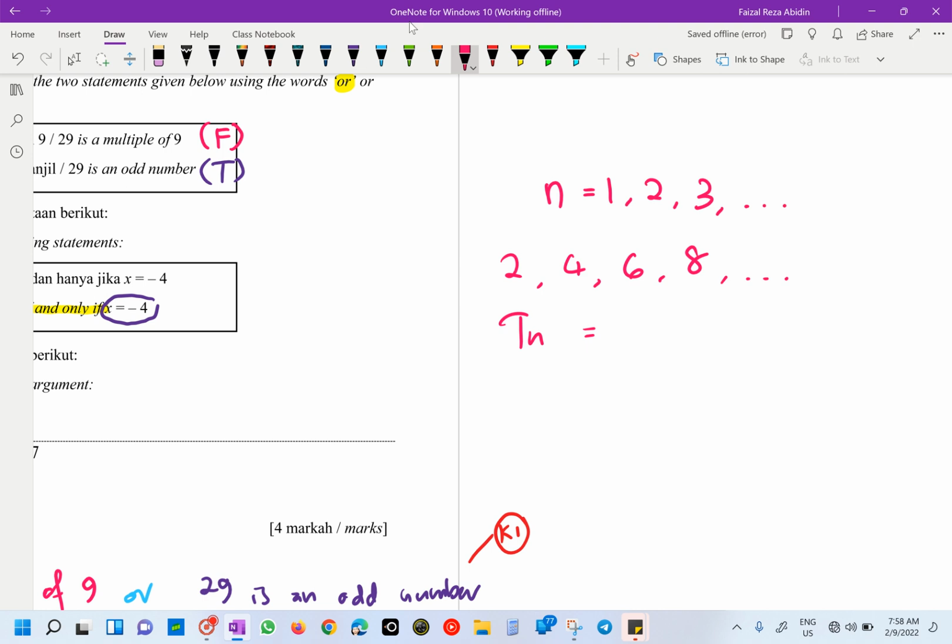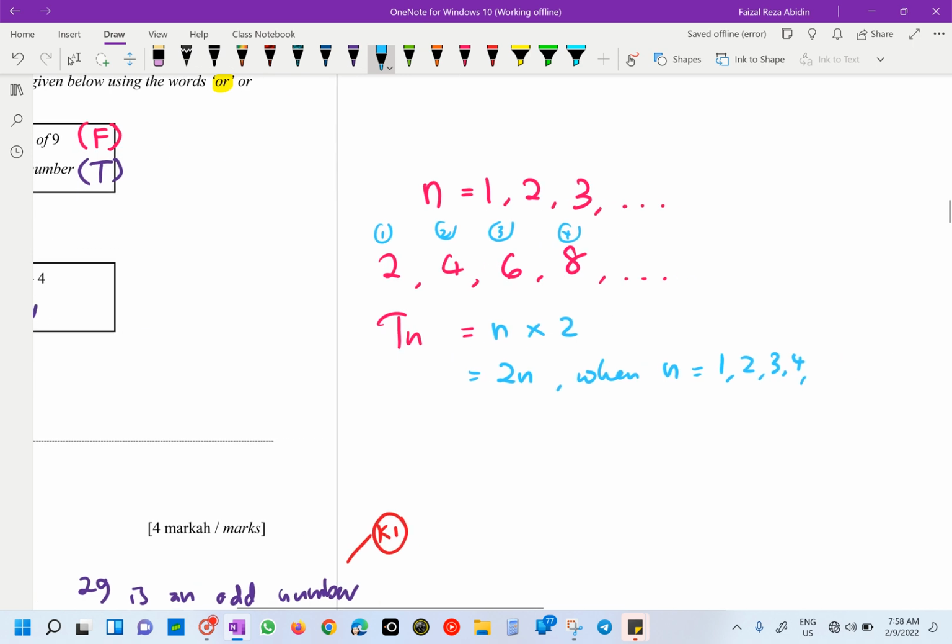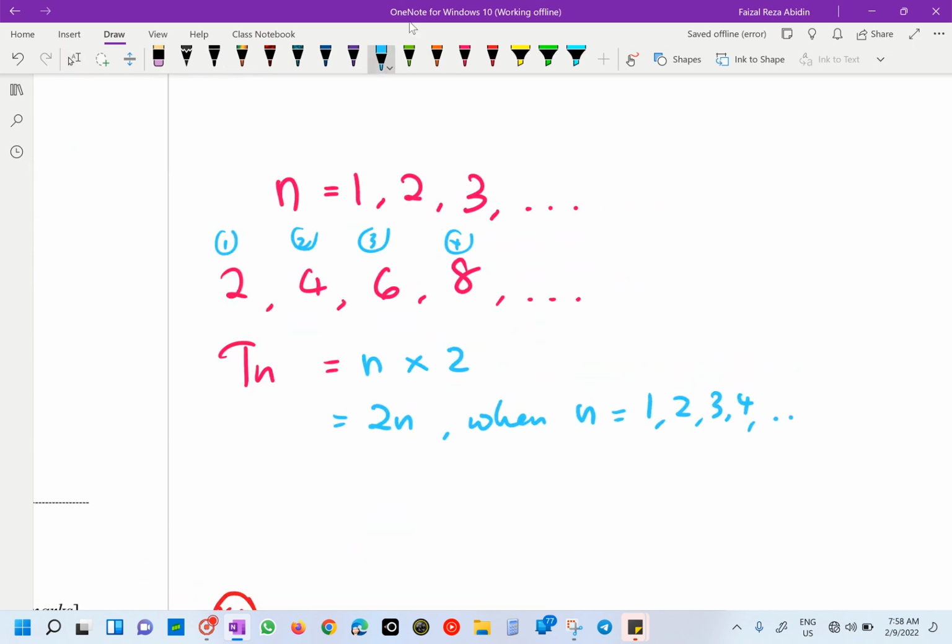So this one you are going to get, and here is going to be 1, 2, 3, 4. So you are going to get n here times by 2, so you are going to get 2n, when n equals to 1, 2, 3, 4. Then what I said is 3 dots. When n equals to 1, you get 2.